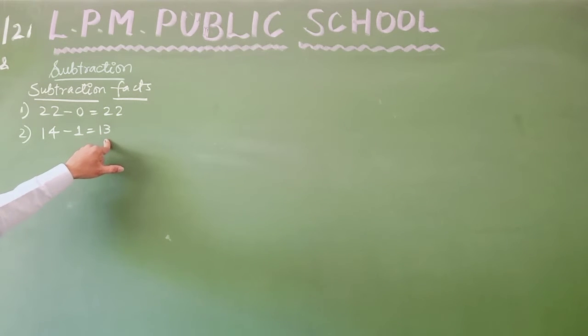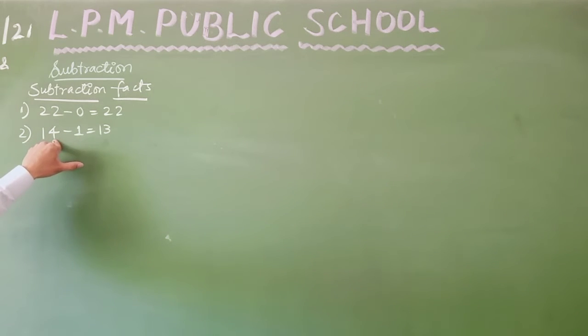As 14 minus 1 is equal to 13, and 13 is the predecessor of 14.